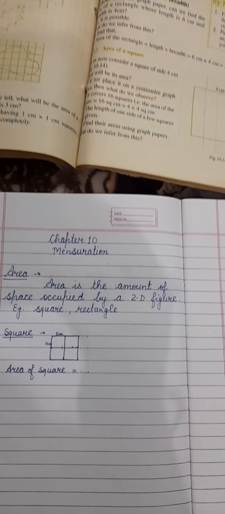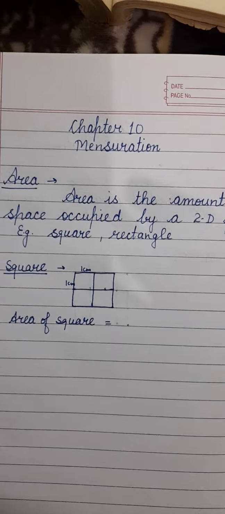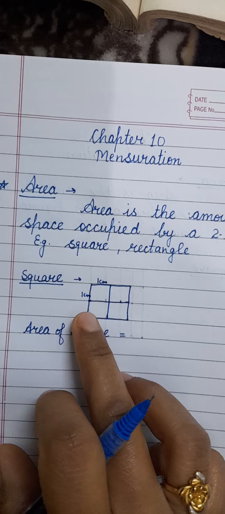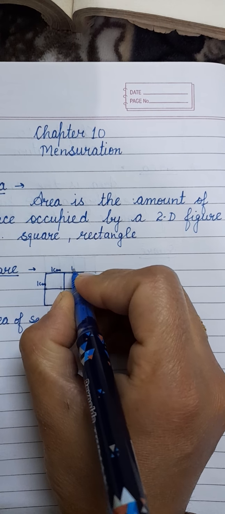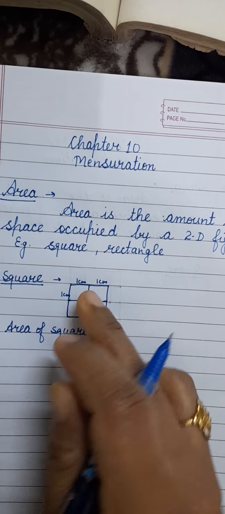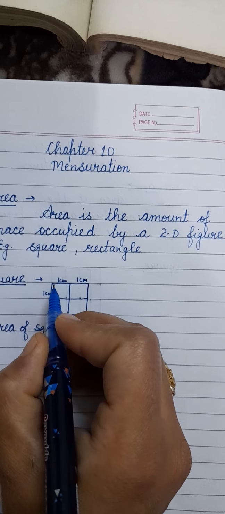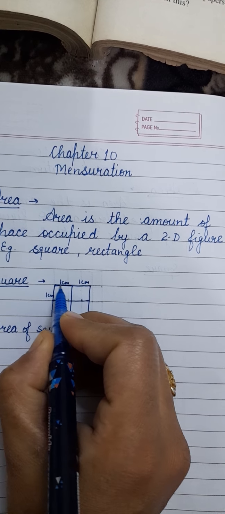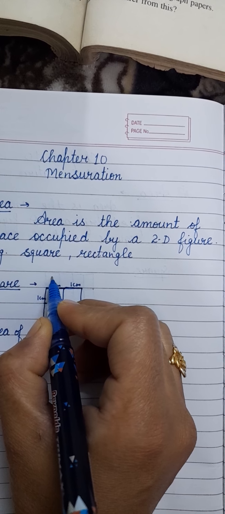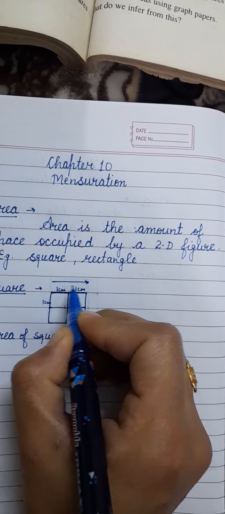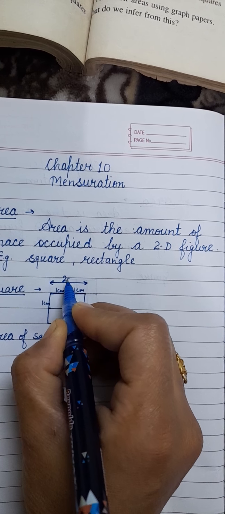That is why it is called a square, where length and breadth are both equal. All the measurements of this square are equal, so all sides have measure 1 centimeter. This is 1 till here and this is 1, so from here to here it has now become 2 centimeter.